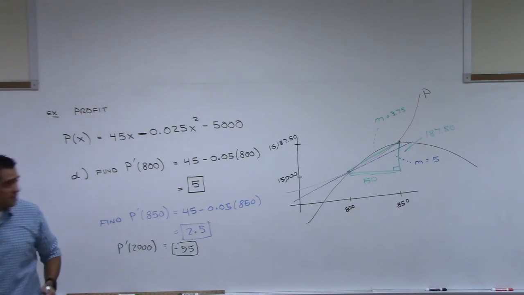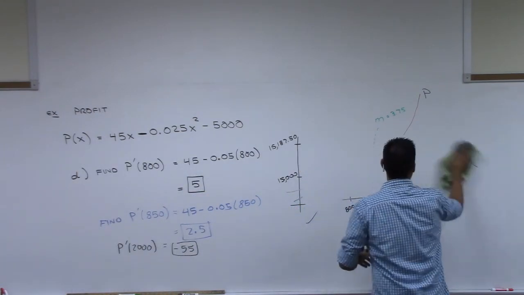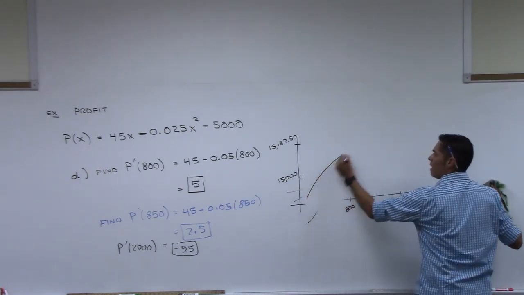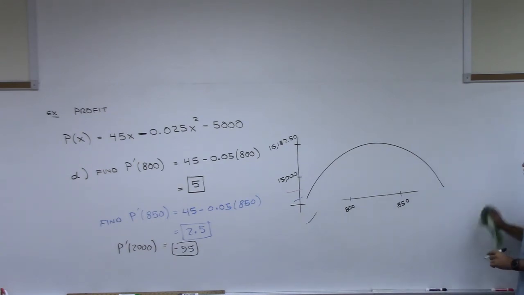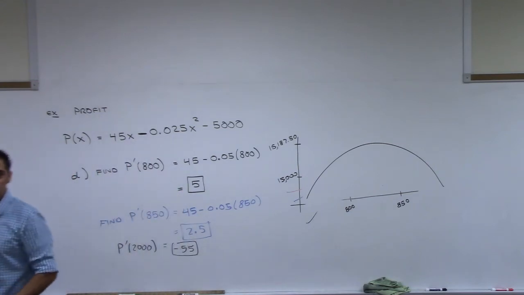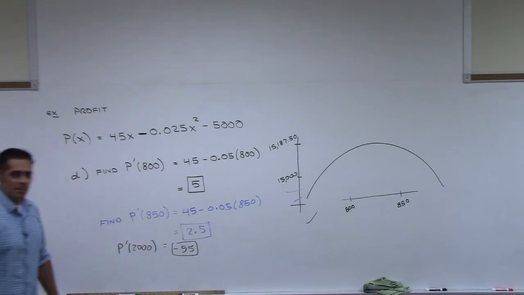So I'm glad you brought this up because this is actually going to be important as we proceed. The original function looked more like this, right? So what do you think, if I'm sitting down in that boardroom, the most important point on that function is? The highest point, right? Because I'm greedy.